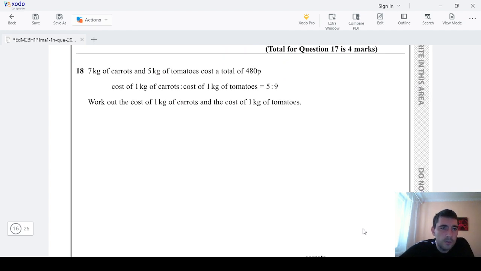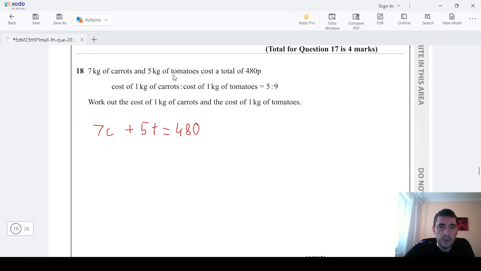So we've got 7 kilograms of carrots, 5 kilograms of tomatoes at a cost of 480p. Okay, so I can just make start the equation by the first sentence. So we've got 7 kilograms of carrots plus 5 kilograms of tomatoes, which cost altogether 480p.